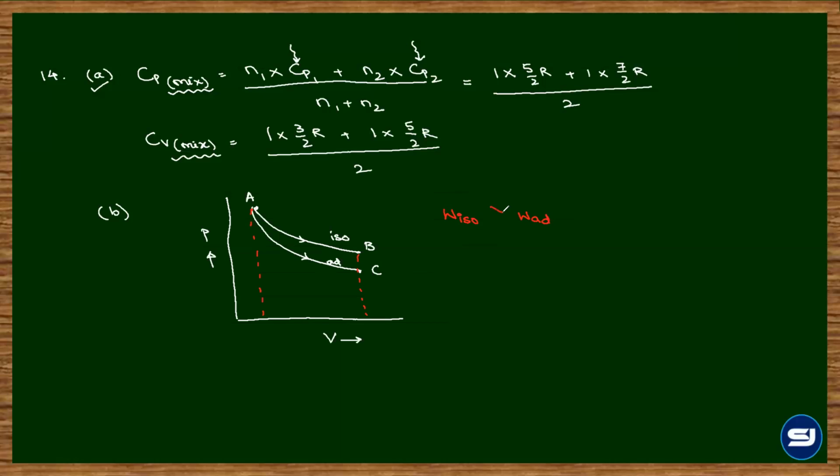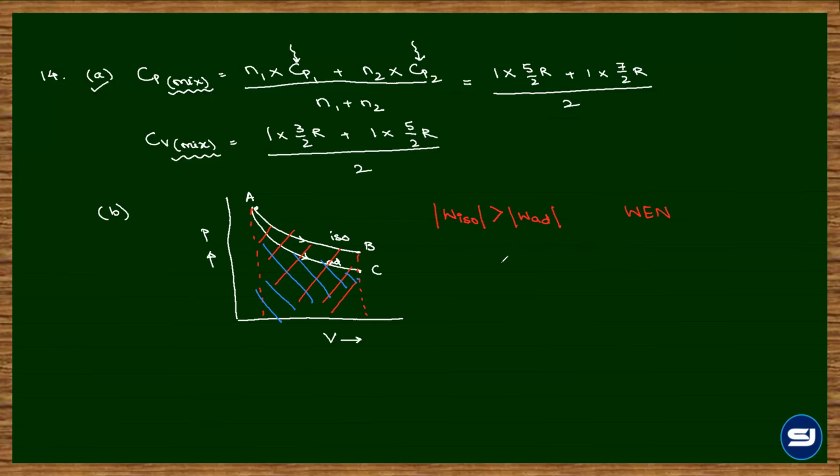If I am writing greater, it needs the mod sign. We are talking about the magnitude over here, because work of expansion is negative. The magnitude of the work done in the isothermal process is definitely greater than the magnitude of the work done in the adiabatic process. Is this clear?